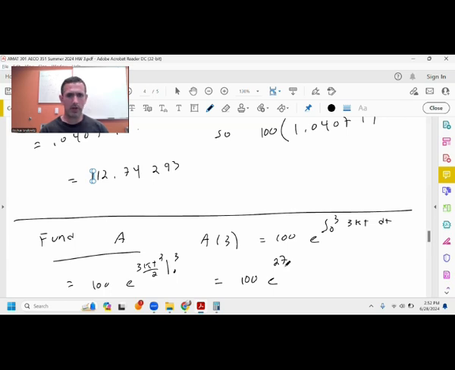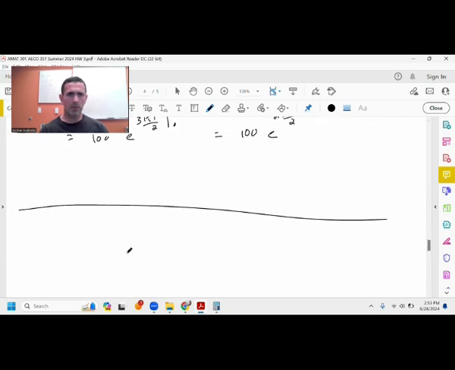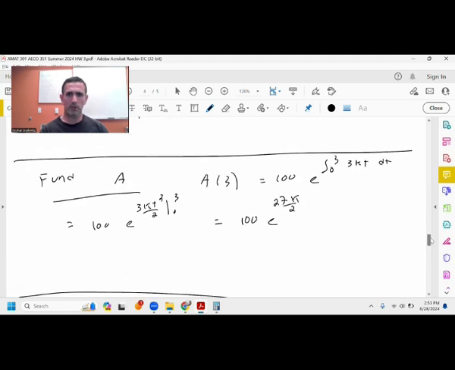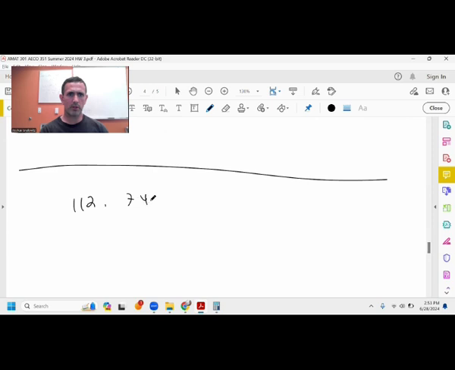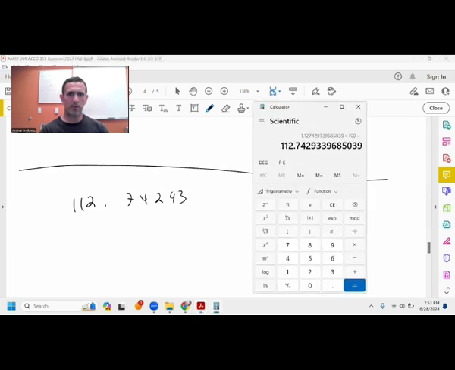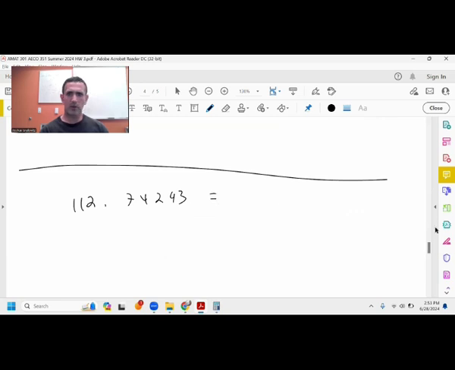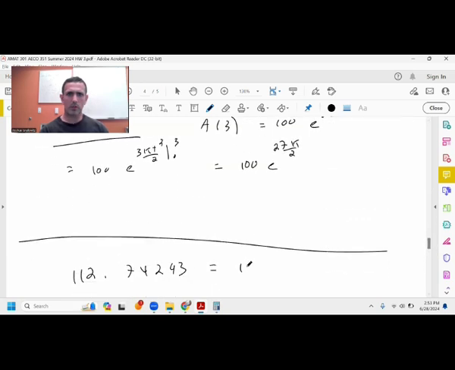Yeah, 3 squared times 3 is 27. All right, so bottom line is the 112.74293 that I have here is going to be equal to 100 e to 27K over 2.